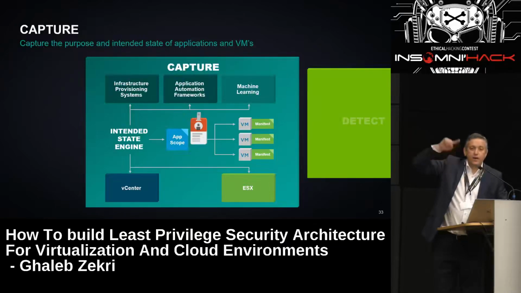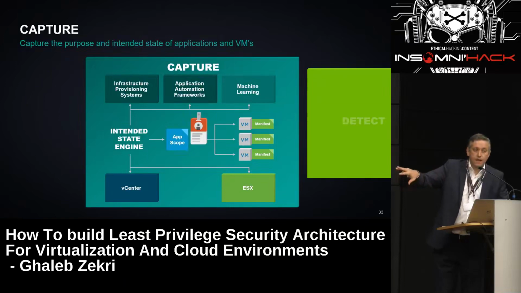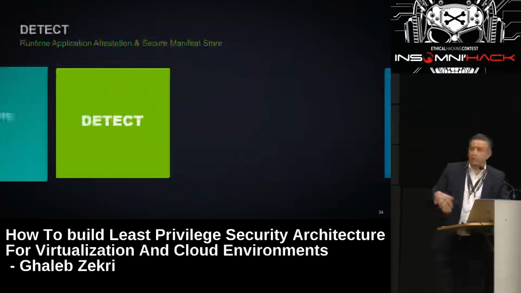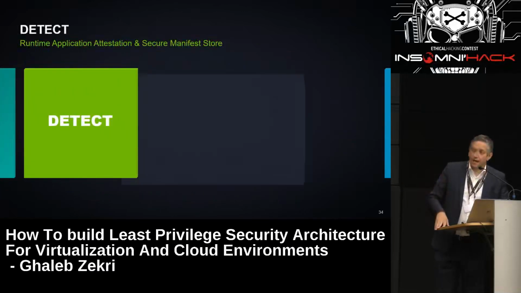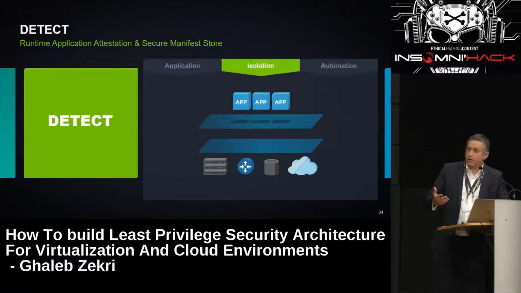Wherever the application will land, wherever the workloads will land, they're going to get these manifests already provisioned on the hypervisor itself. And then from that point, when we start enforcing the protection, we start detecting any behavior and compare it to these manifests.